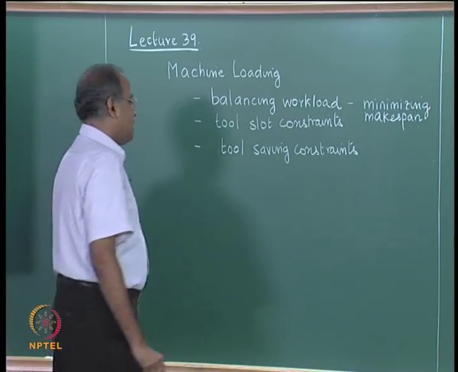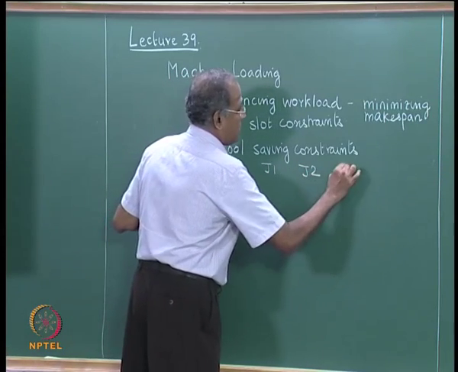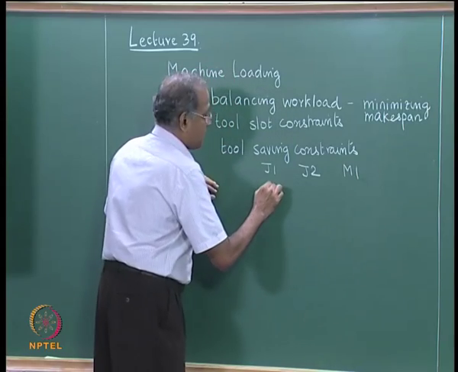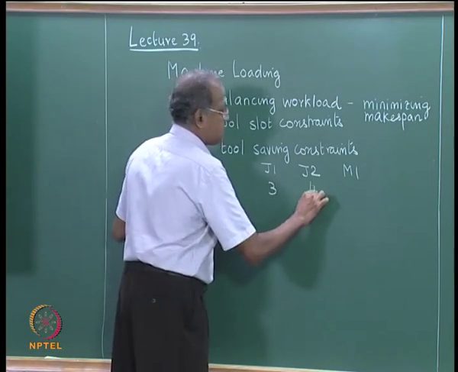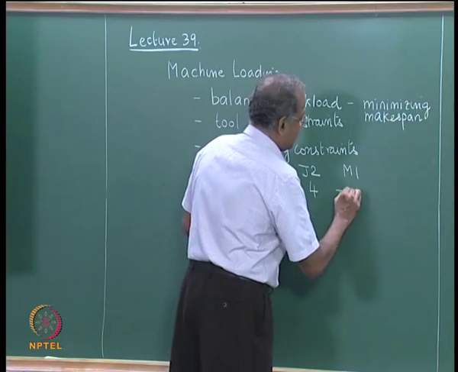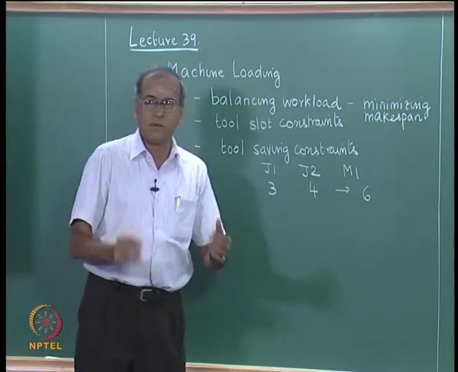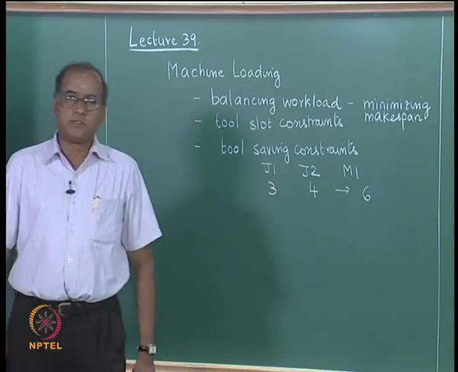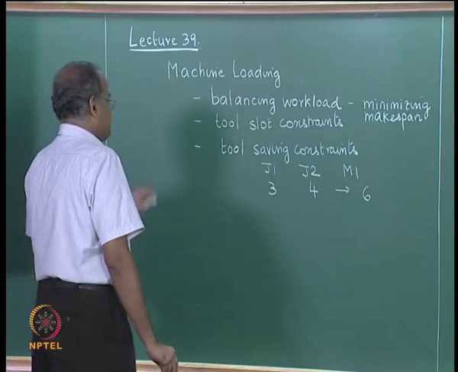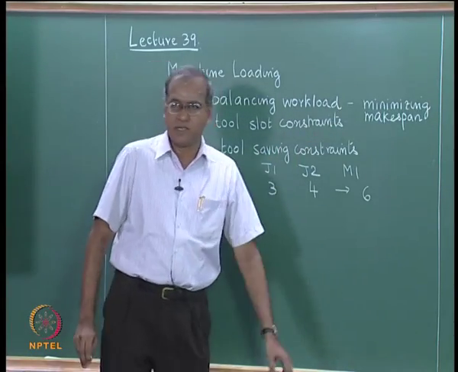For example, if J1 and J2 go to M1, machine 1, if this requires 3 tools, this requires 4 tools, and if one tool is common, then it is enough to give 6 slots for these two jobs put together. We also saw that the tool saving constraint can further reduce the makespan.